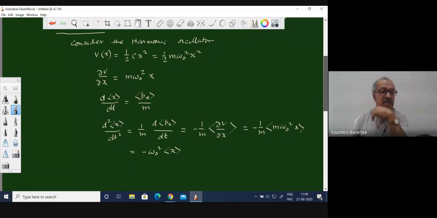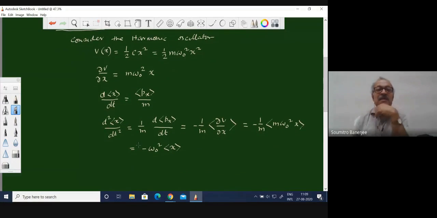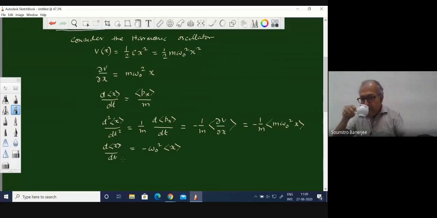So basically d2x/dt2 is exactly the same as the equation that you obtained for the simple harmonic motion. The only difference is that in case of x, we have the expectation value of x.